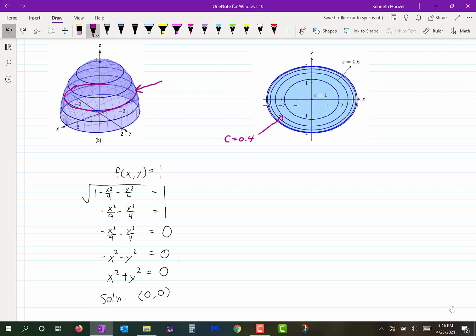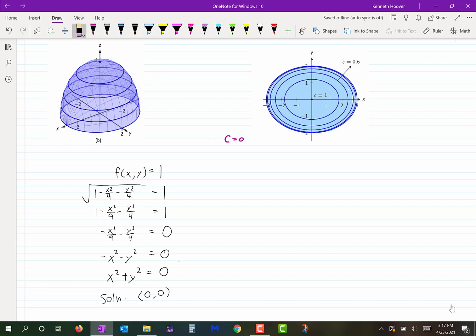And then we've seen the other one already before. This one right there is c equals 0.6. In the graph, that corresponds to that ring.